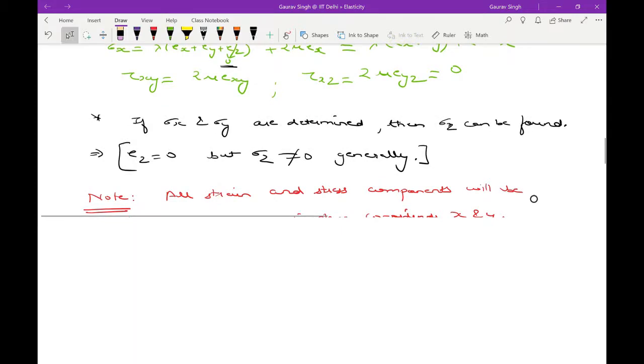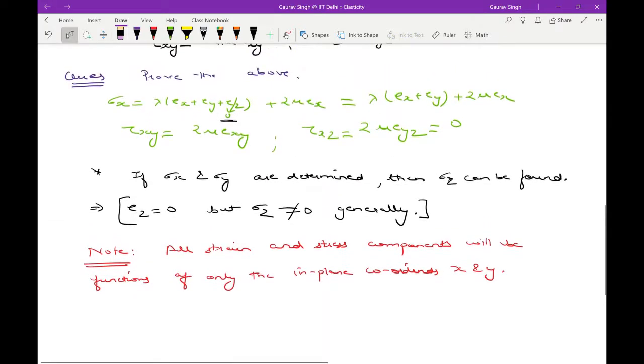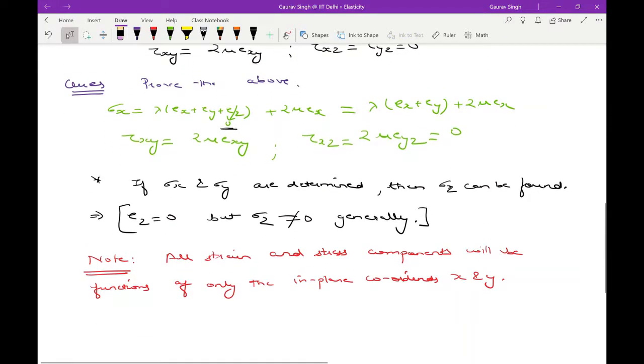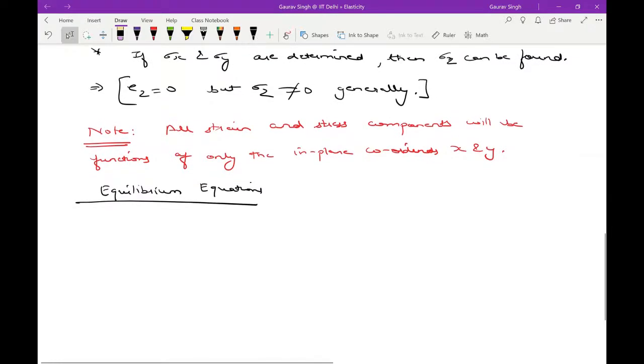Okay, so once we have found this, let's now also write the equilibrium equation. That can be written as dou sigma x by dou x plus dou tau xy by dou y plus fx is equal to 0.